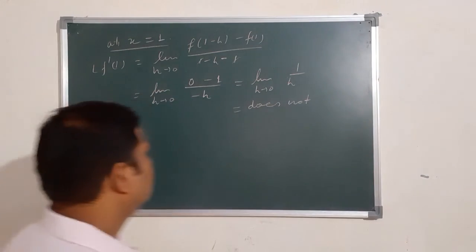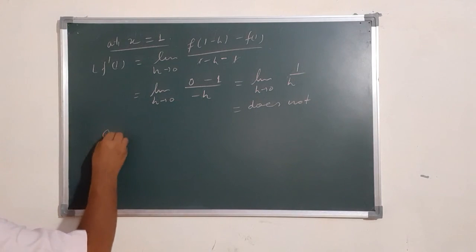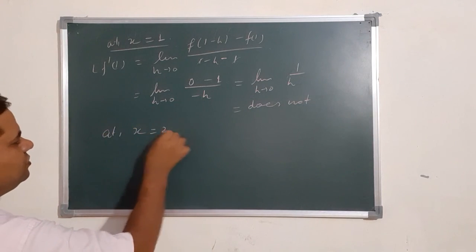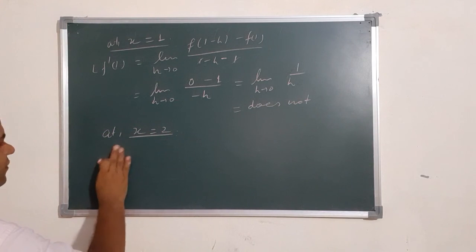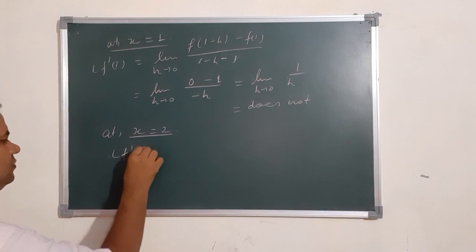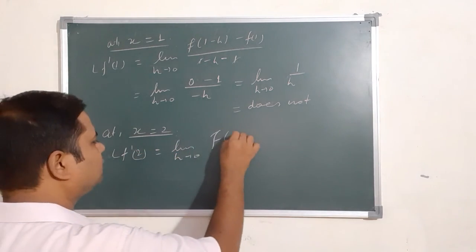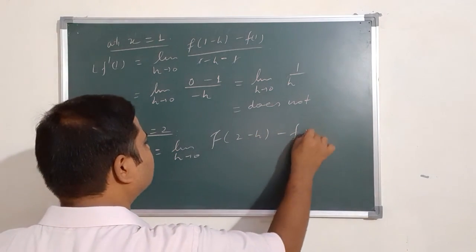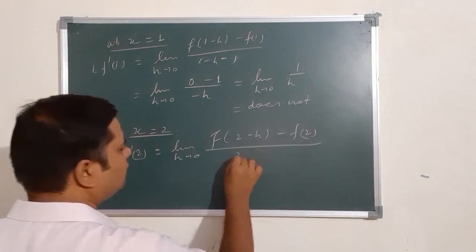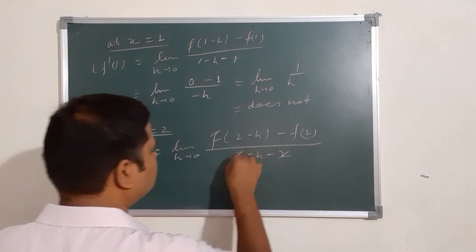So at x equal to 2, if we check, Lf'(2) is limit h tends to 0, f(2 minus h) minus f(2) divided by 2 minus h minus 2, this is cancelled out.